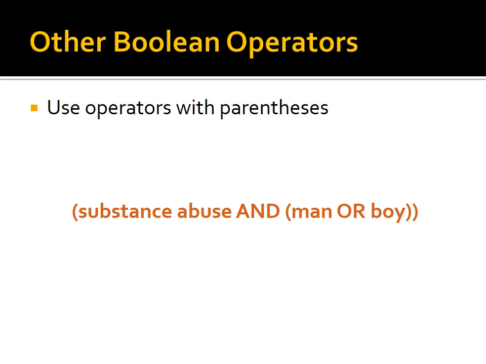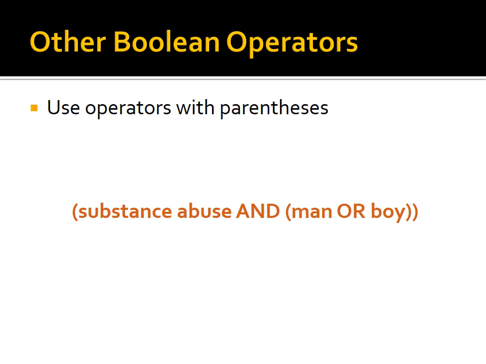Here are a couple more that you can consider. There are many, many more than we're going to present today, but here are a few that you can try. And they do work in most of the databases we're talking about. This one is about parentheses, and if you're familiar with using Excel formulae, then you can use the same concept here. It's written in the same logical way. So in this case, I'm looking for substance abuse funding for men or boys. That's really all it has to say here.